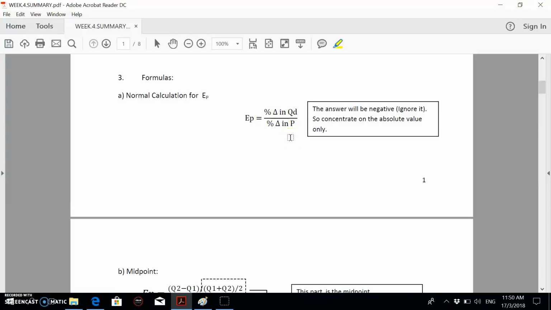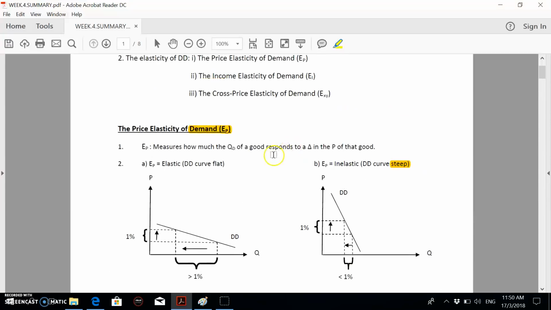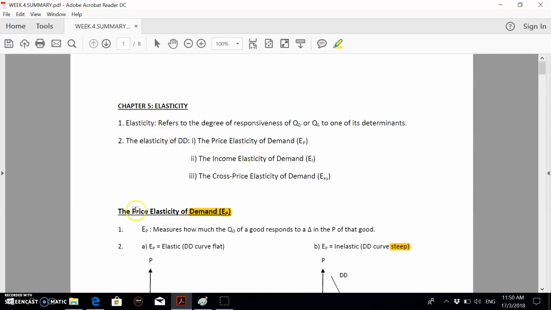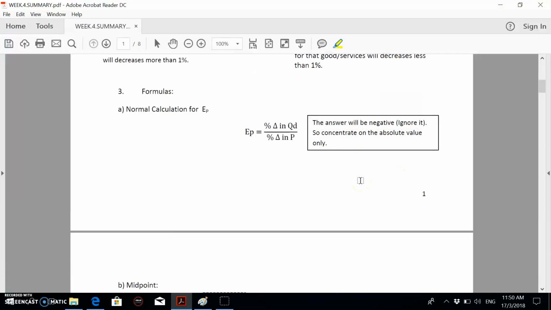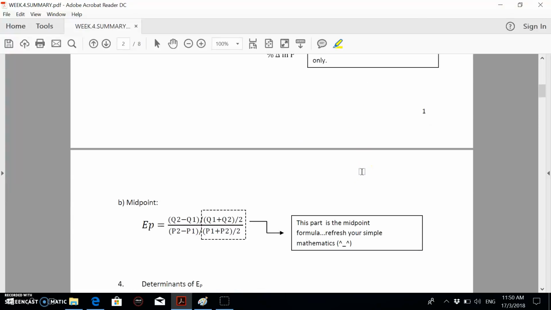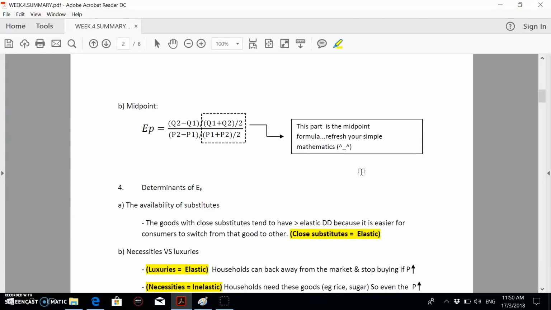Since this is price elasticity of demand, your answer will be negative, because when price increases, quantity demanded decreases. So you only concentrate on the absolute value; you should ignore the negative. We will go through this when you do the tutorial questions.